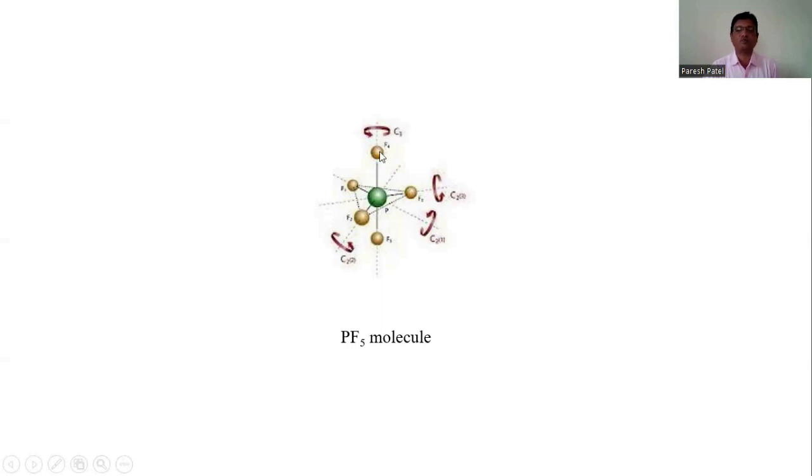If we rotate this molecule along this axis by 120 degrees, we get the equivalent orientation. And 3 C2s are perpendicular to the main principal axis, and this plane is perpendicular to the main principal axis. So obviously, if the plane is perpendicular to the main principal axis, that type of plane of symmetry is recognized as a horizontal plane of symmetry.